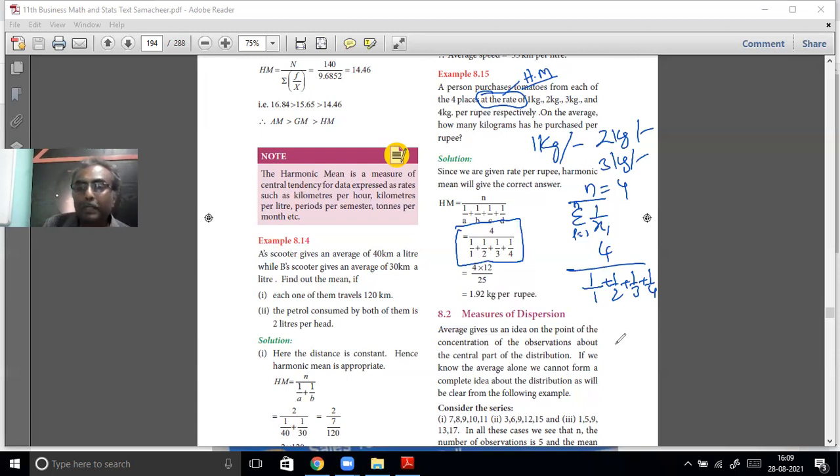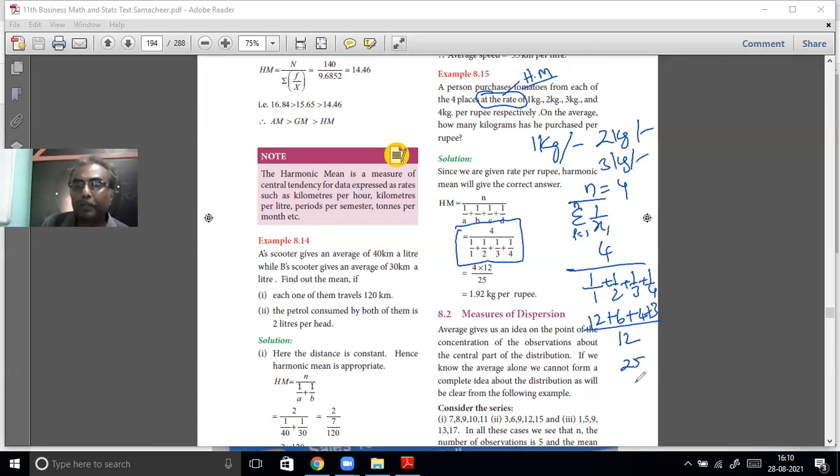Now here you take 3 into 4, 12, as the denominator. This will be 12, this will be 6, this will be 4, this will be 3. 12 plus 6 is 18, plus 4 is 22, plus 3 is 25.